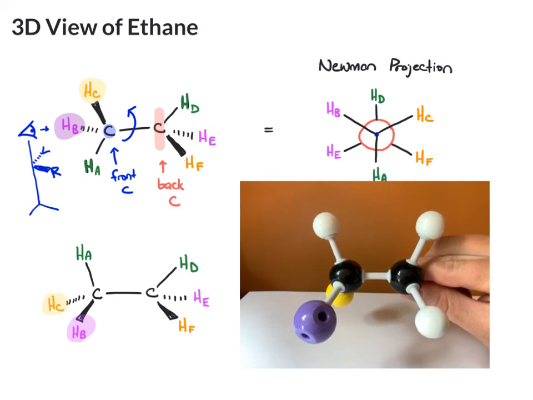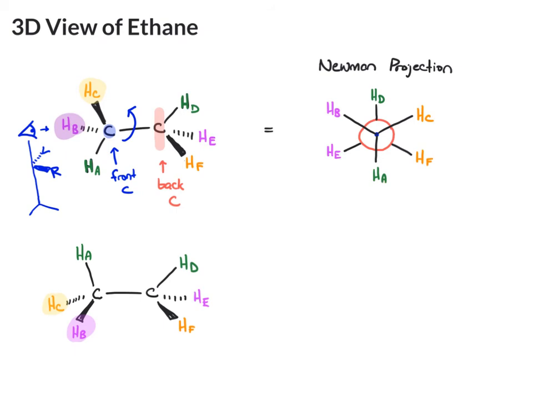So this is that conformation. What we've basically done, if you think about your top Newman projection, is we've rotated this front carbon so that hydrogen A comes up 180 degrees to be in front of hydrogen D. So let's look at that on the model.